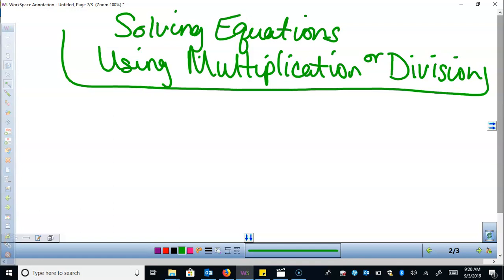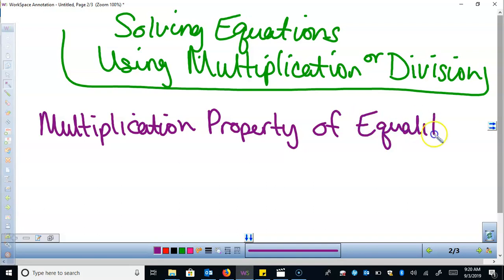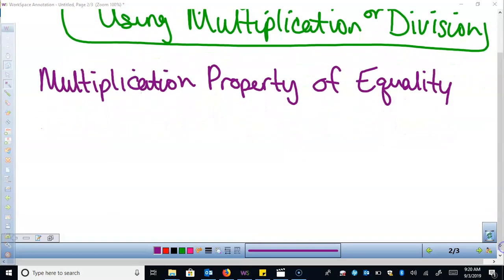So we're going to use the multiplication property of equality and the division property of equality in order to rewrite equations to create equivalent equations.